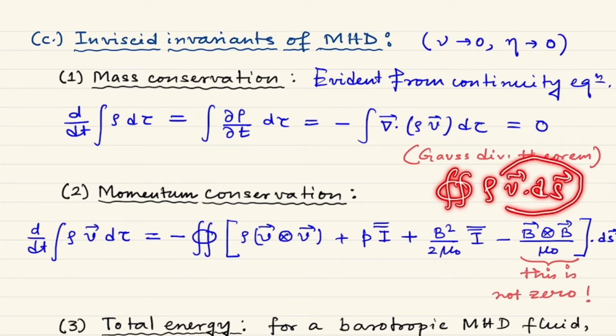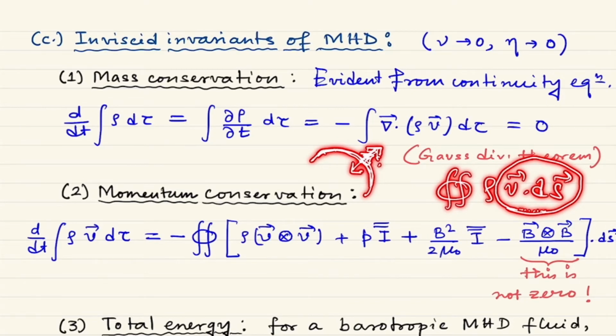Now rho v dot ds at the surface, if you remember what I said, is that at the surface v dot ds should vanish because this is the extreme surface. If ds is in this direction and v dot ds is non-zero, that means we have some component of the velocity in this direction, and it simply says that this cannot be the boundary surface enclosing the whole fluid, because the fluid can come out or go in, right?